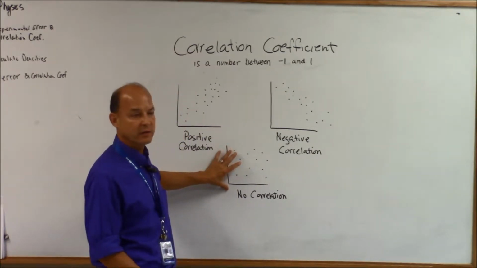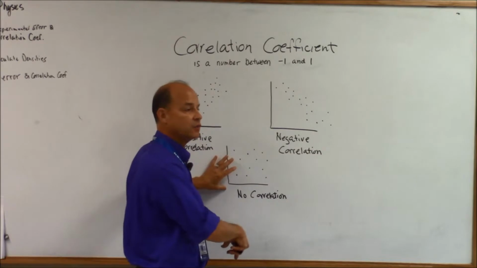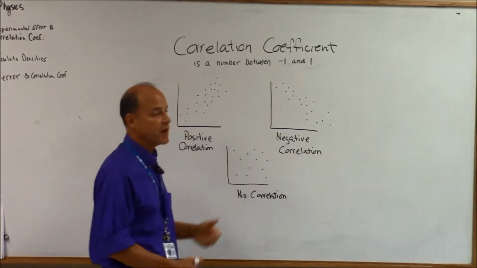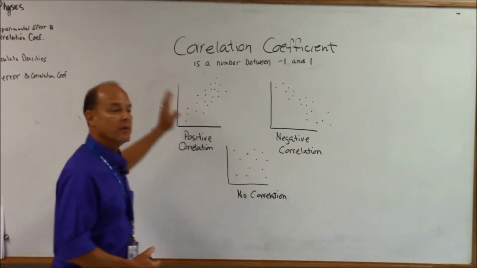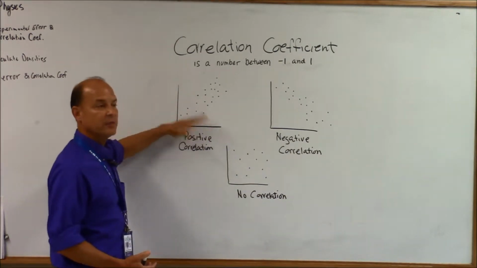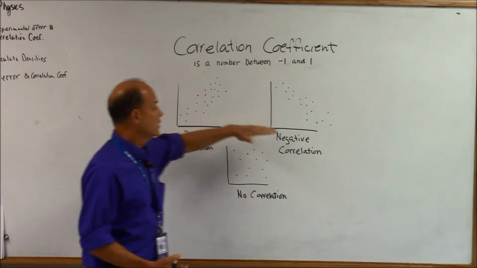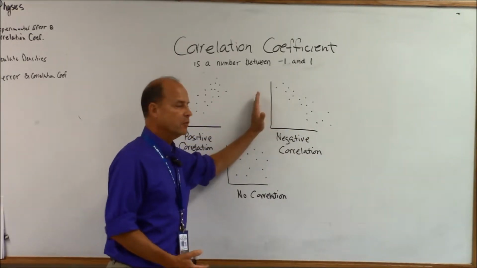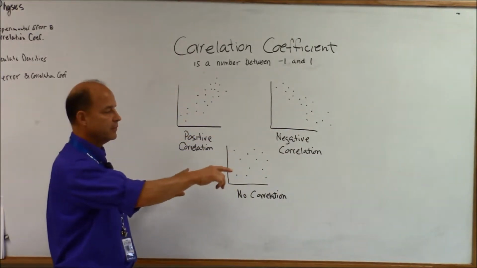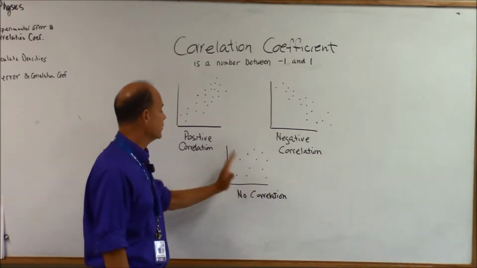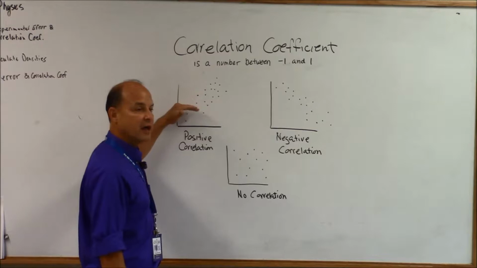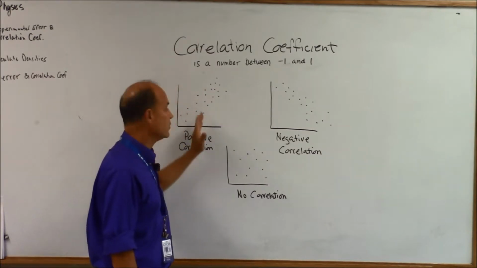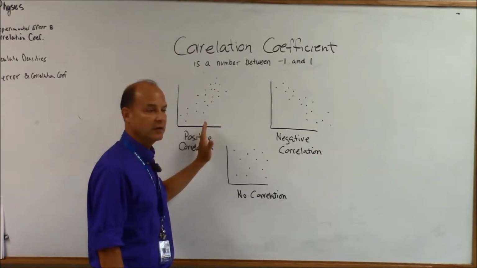There's no rhyme or reason that one variable responds to the other variable in a predictable way. Remember, when we're graphing, we've got independent variable, dependent variable. What does somebody say? Dry mix, right? Independent variable, dependent variable. So the dependent variable, the value of it is going to depend on whatever the independent variable was.